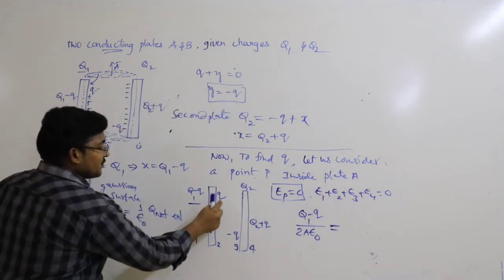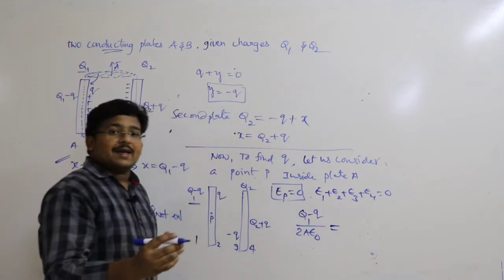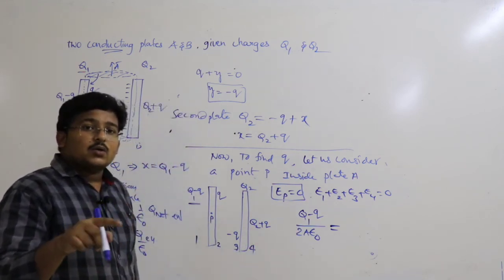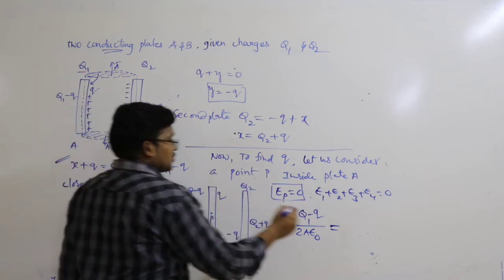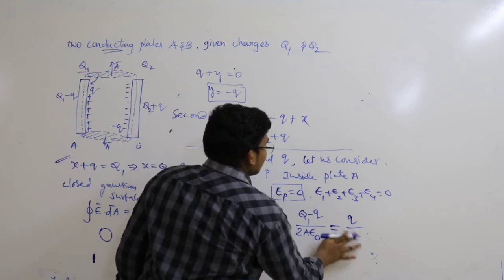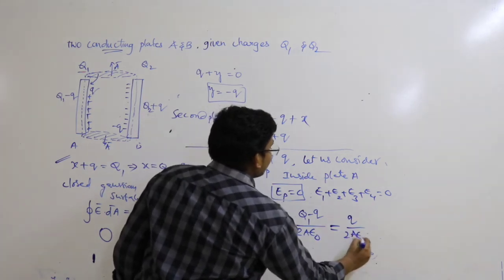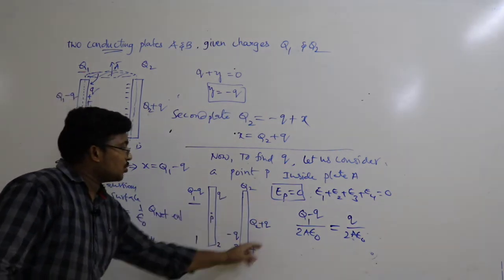Now E due to second surface, this small q will repel it. Now what is the formula for electric field? Sigma by 2 epsilon naught. Sigma is equal to charge upon area. So what is charge? Small q by 2A epsilon naught, left side, and this whole plate Q2.